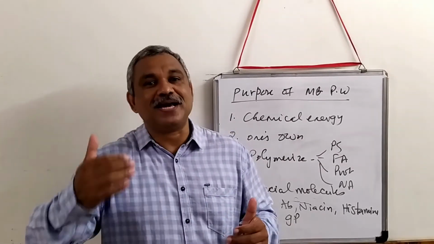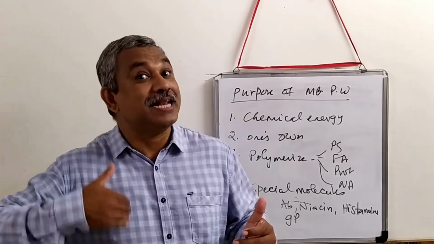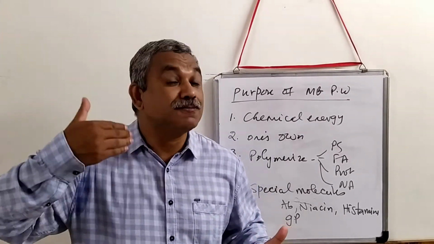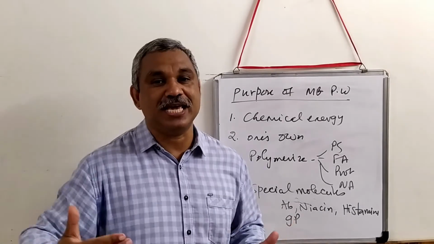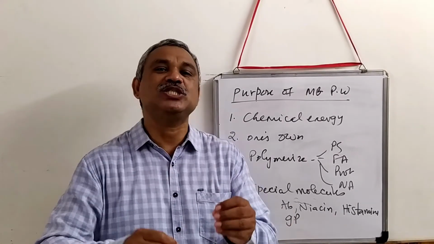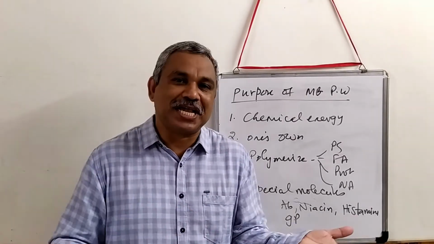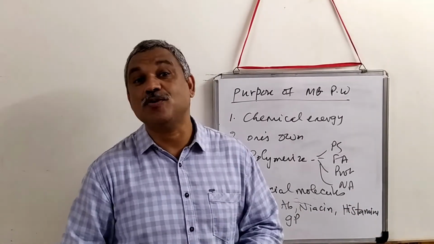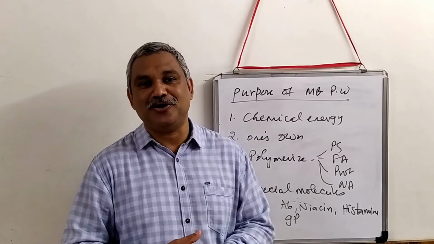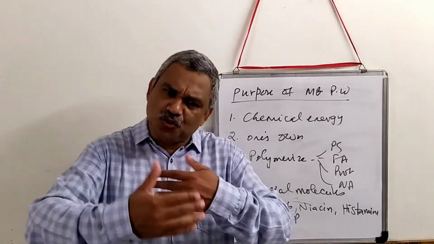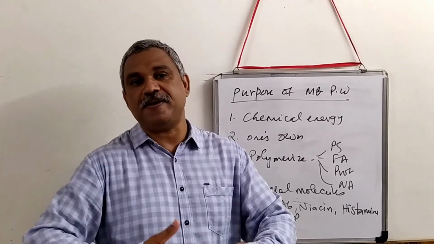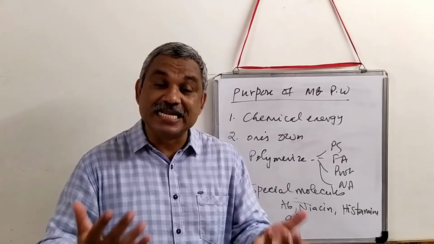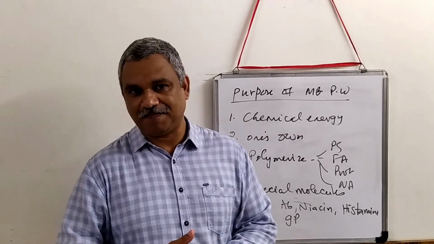That hydrogen becomes the energy carrier, the transporter of reducing equivalent. This is the first theme. And the second theme is either to synthesize biomolecules or to degrade biomolecules. These are the two themes that will keep on repeating as we go ahead in understanding metabolic pathways.